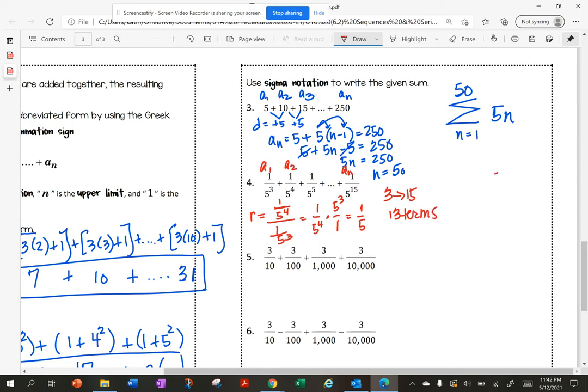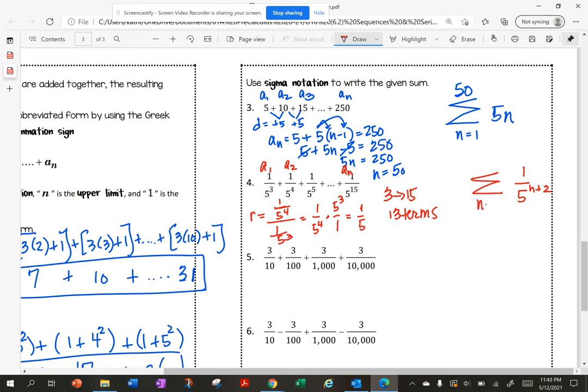Okay, so I'm going to write this. I'm looking at 1 over 5, right? But instead of starting at the first power, I'm starting at 3. So I'm going to say n plus 2, because I'm not starting at 1/5. I'm starting at 1 over 5 to the power 3.